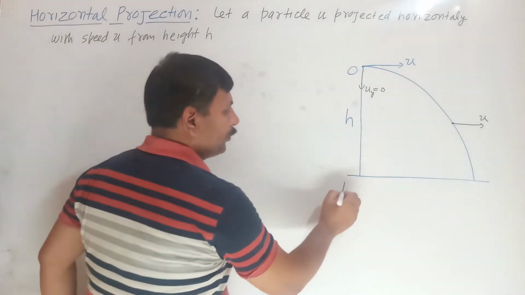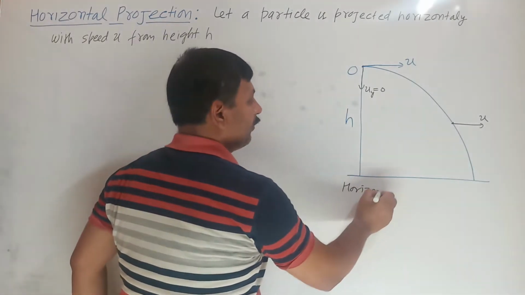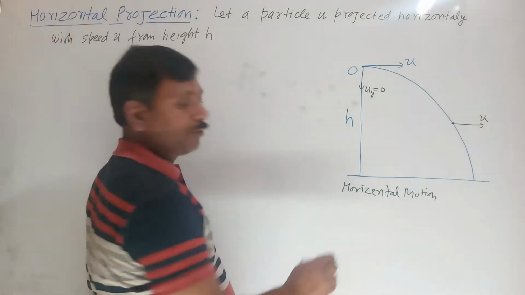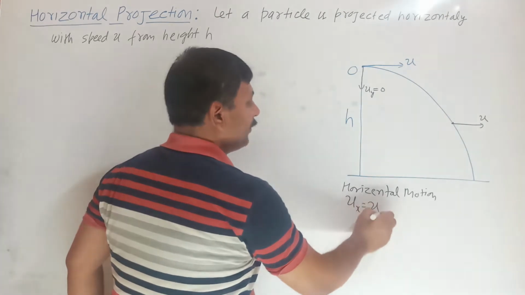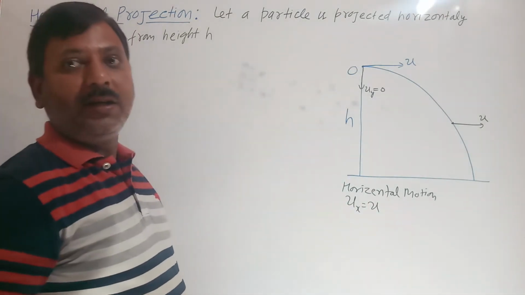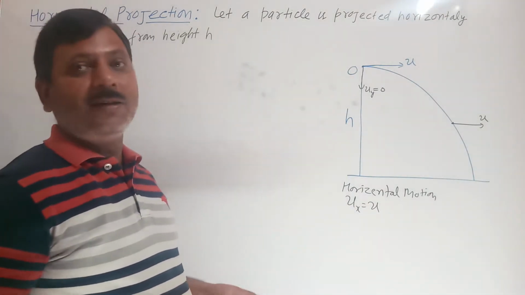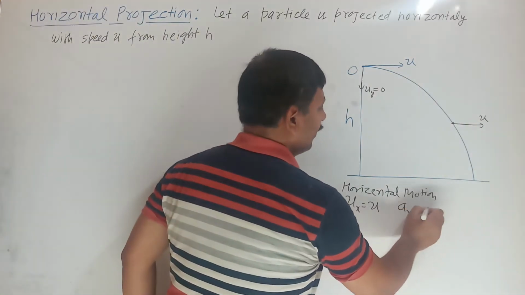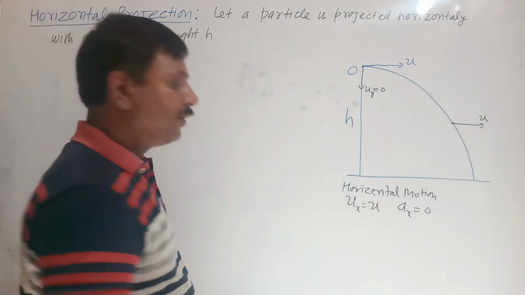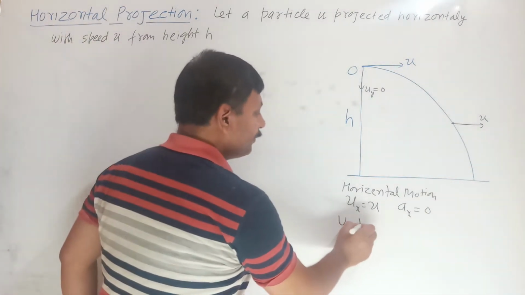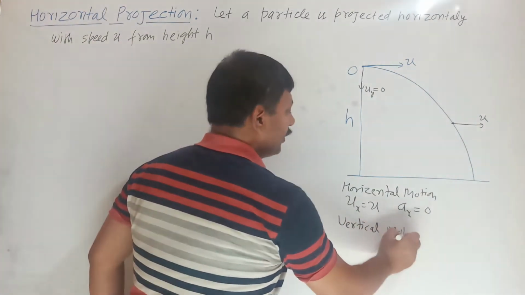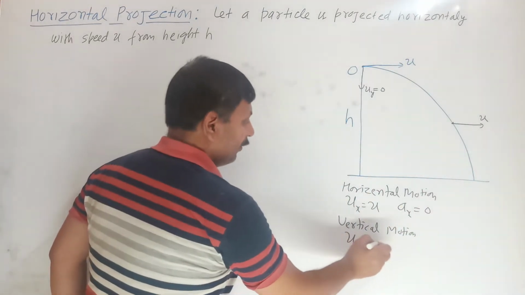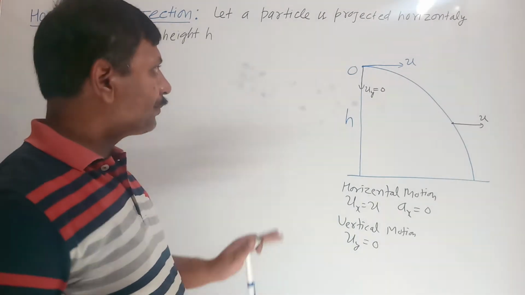For horizontal motion, the initial velocity is u, and no forces are acting, so the acceleration is 0. For vertical motion, the initial velocity will be 0.